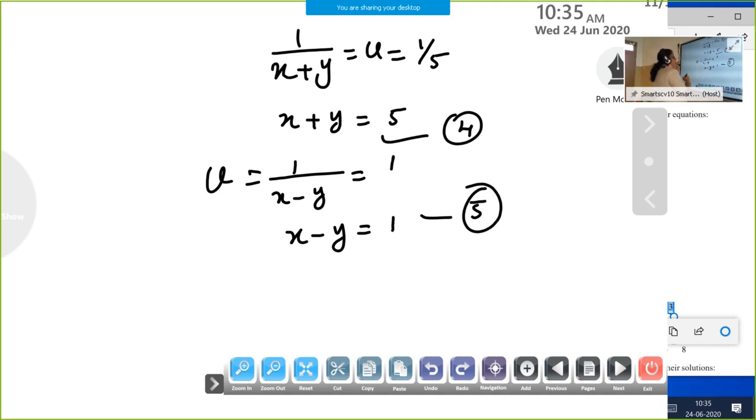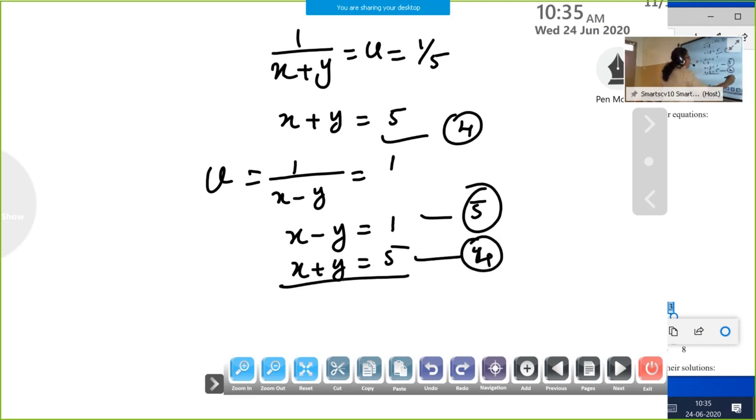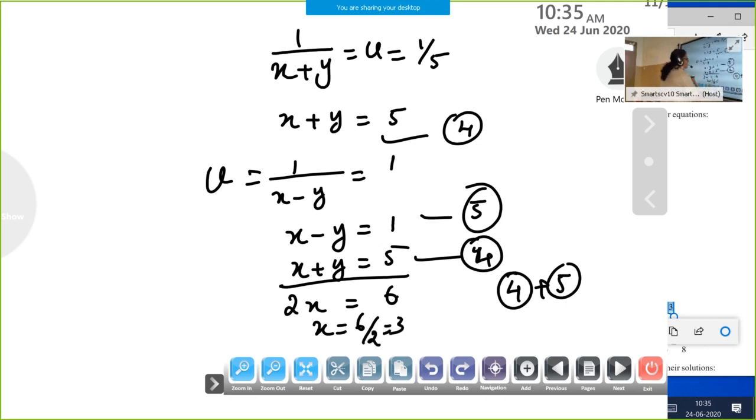Again solve 4 and 5. One is x plus y is equal to 5, and other is x minus y is equal to 1. Add 4 plus 5: 2x is equal to 6. X is equal to 6 by 2, that is equal to 3.